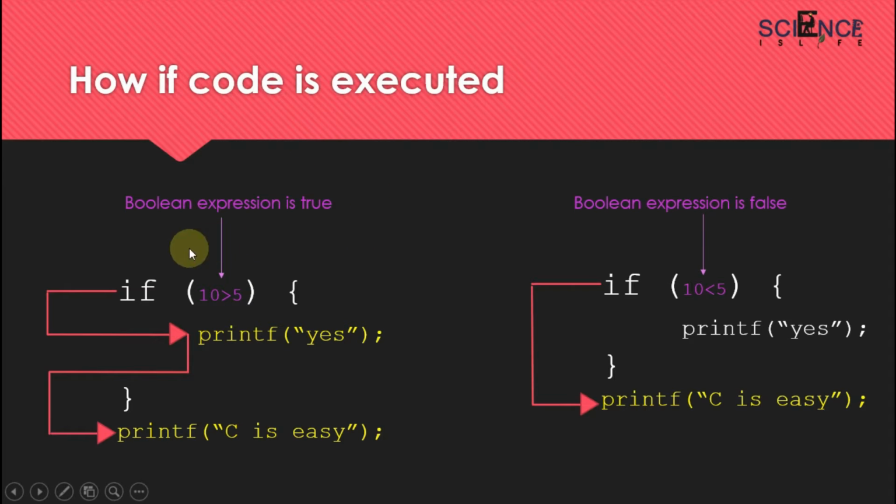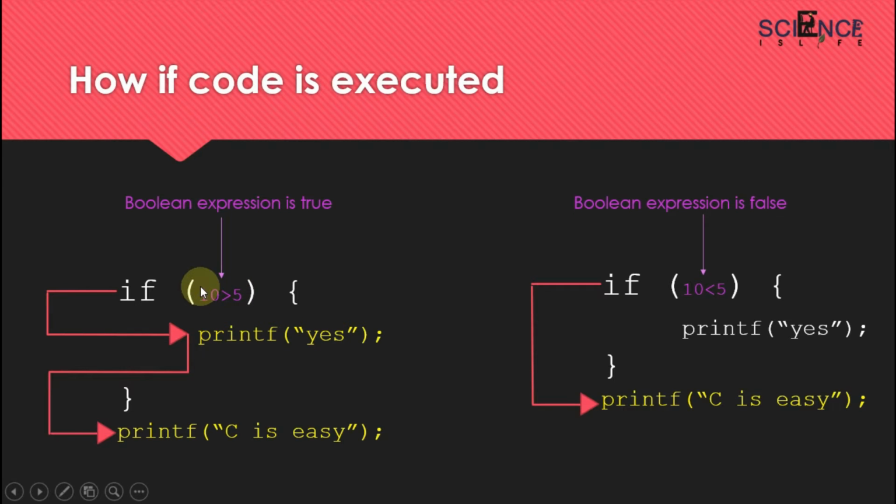Let's think there is an if structure in your program. Then all the codes before the if structure will be executed, and then the compiler will reach the if, right? Then the compiler checks whether the boolean expression, or the condition, is true or false.